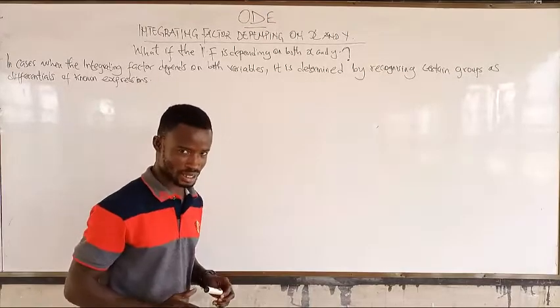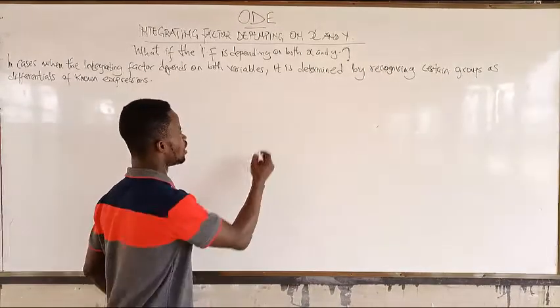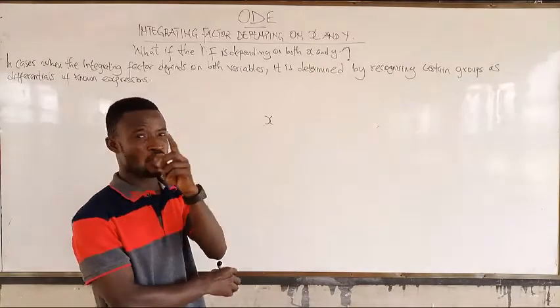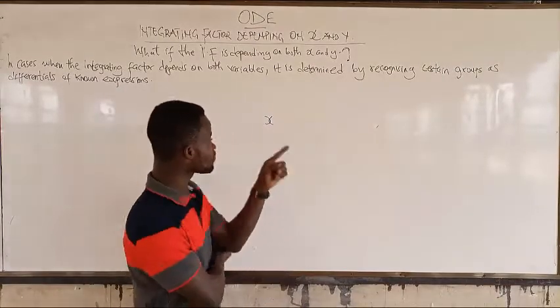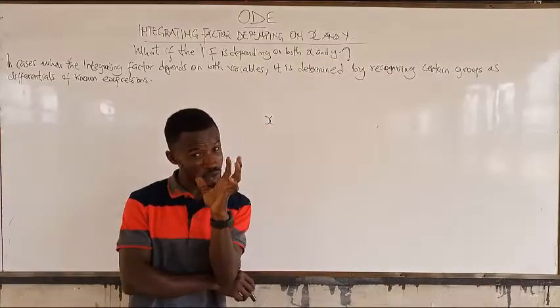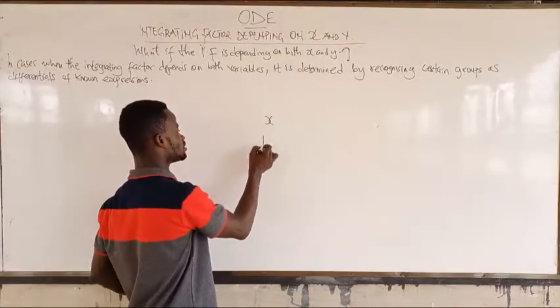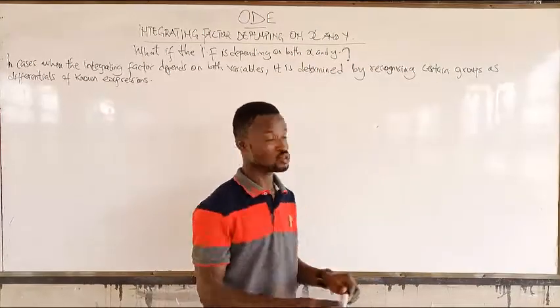I'm going to start with this. Before the proof, I would like you to be okay with this. If I have x, and I want you to differentiate x, I know when you differentiate x, you get one. But here, I want you to do this: to differentiate x, I want you to write dx. Yes, just write dx. You have differentiated it.